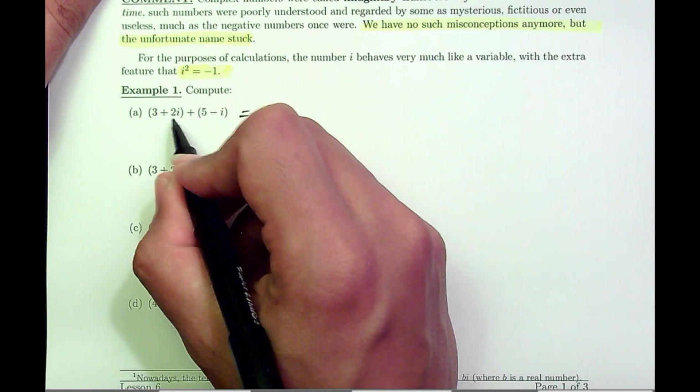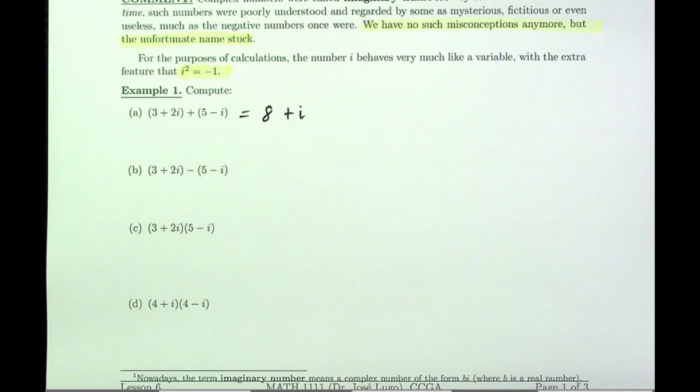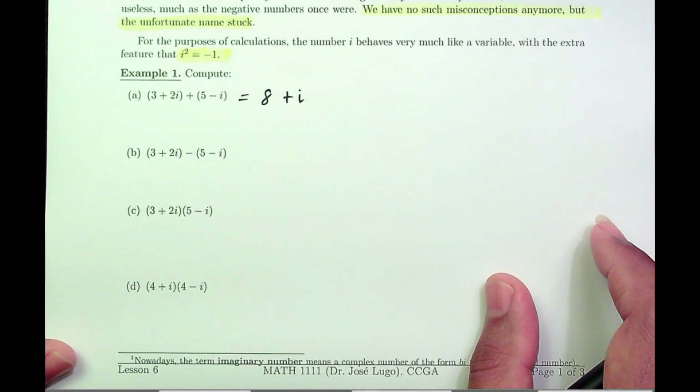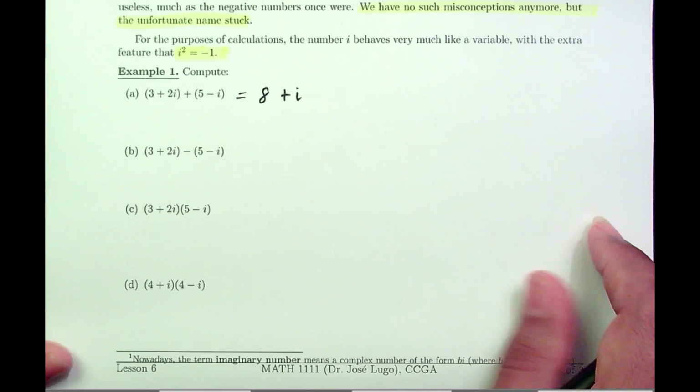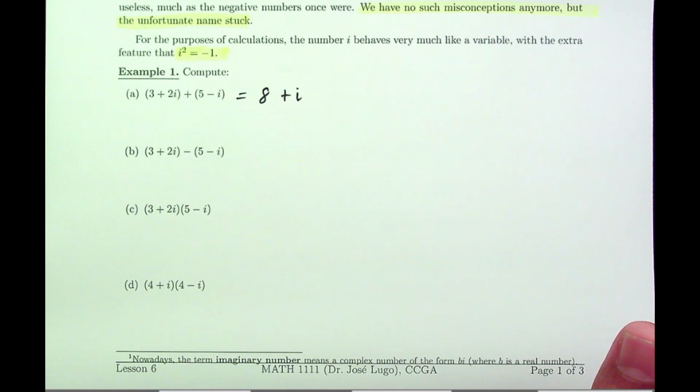And then the 2i minus i would be 1i, and we usually don't write the 1, so we just write i. Add the constants, the real parts, the terms that don't have i, and then add the imaginary parts, the terms that have i. Okay, and that's it.